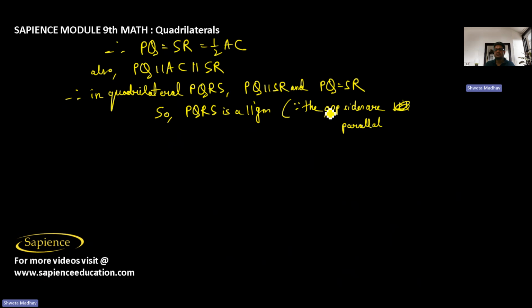Since one pair of opposite sides are parallel and equal, PQRS is a parallelogram. Hence proven.